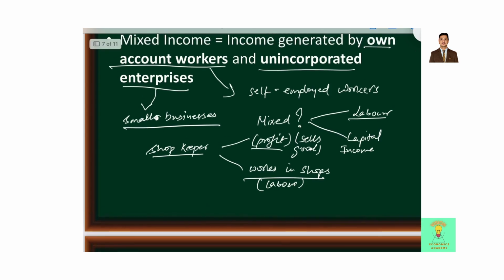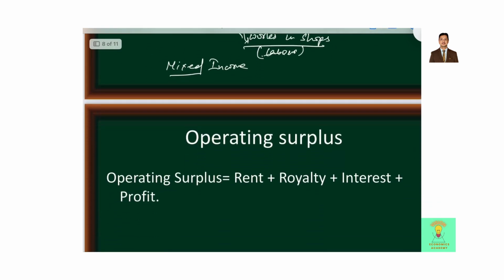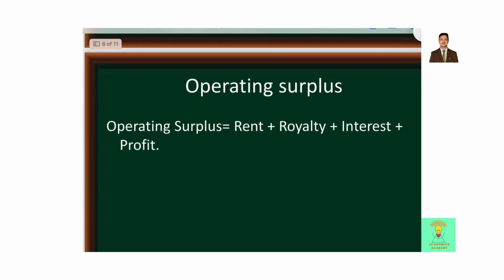Now since all this cannot be separated into wages and profit, the earnings are classified as mixed income. So it is a mixture of wages and profit. Okay, so that's the mixed income of national income accounting. Now what we'll come across here is the operating surplus.